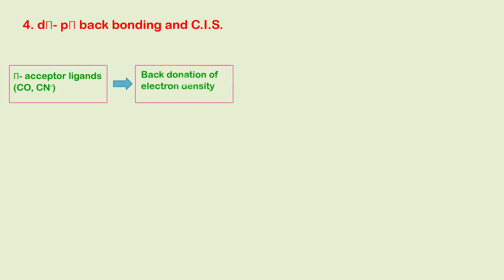Now the fourth criterion, that is d pi p pi back bonding and CIS. To understand this, pi acceptor ligands such as carbonyl, cyanide and NO back donate electron density.